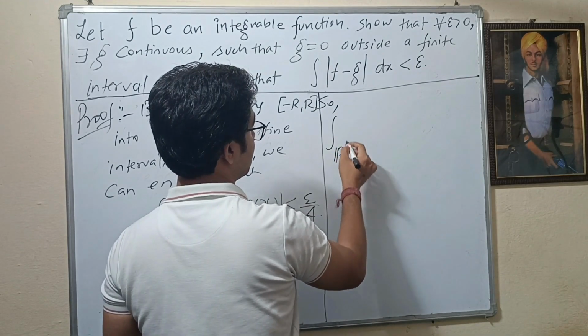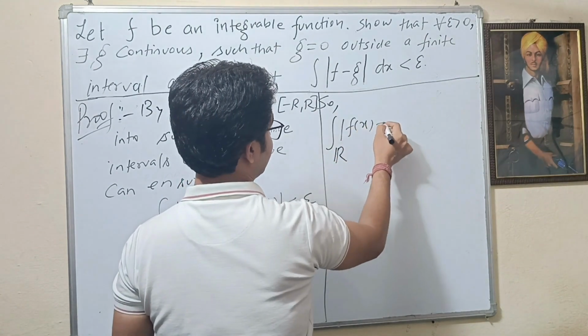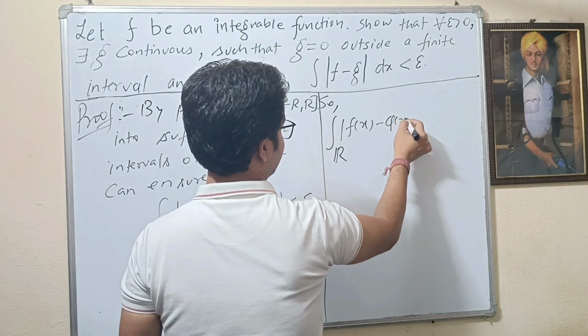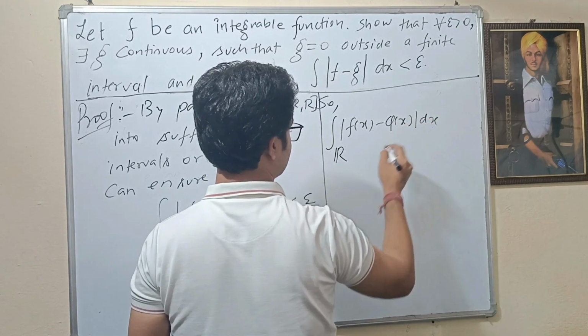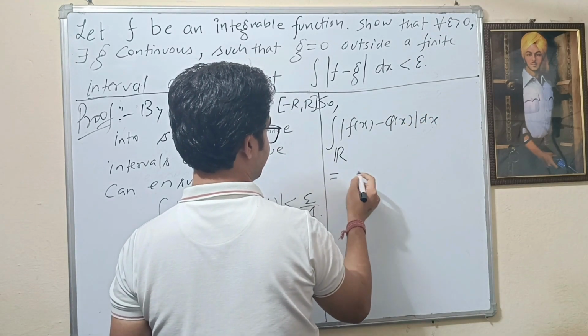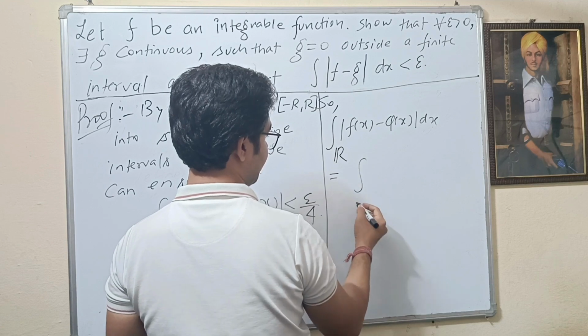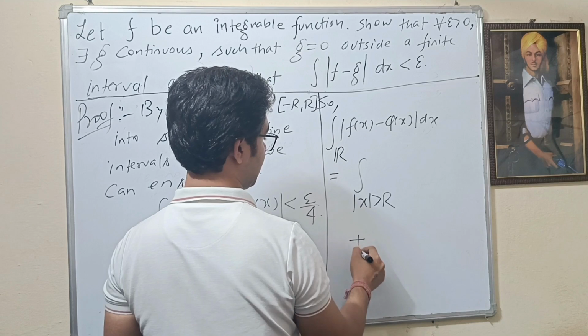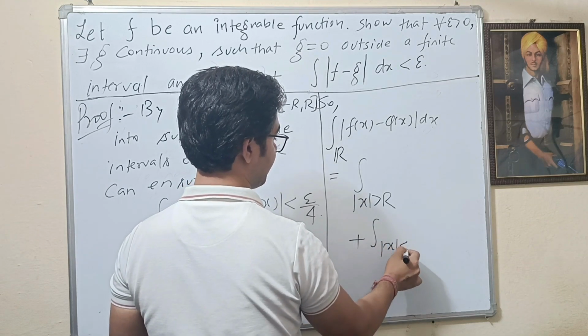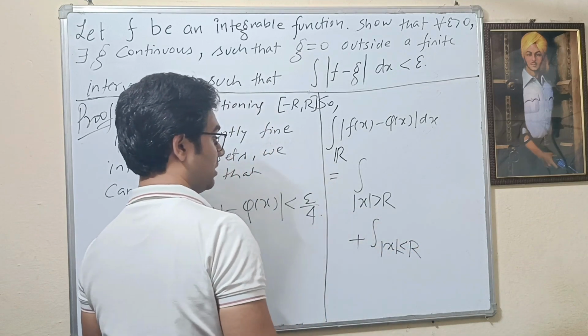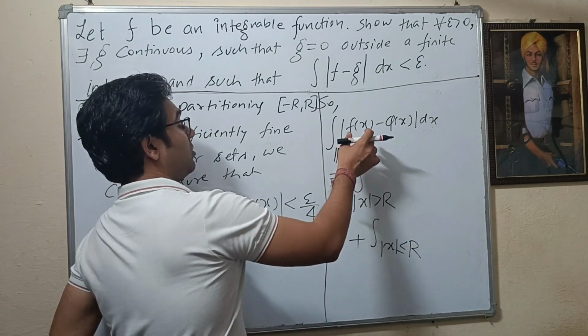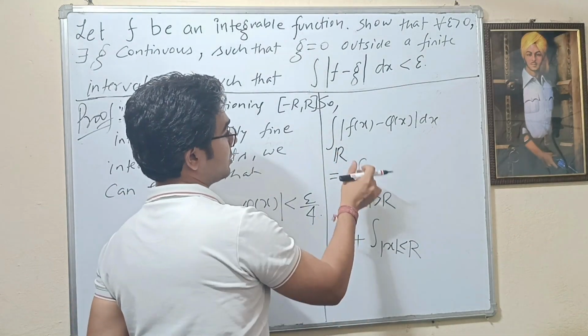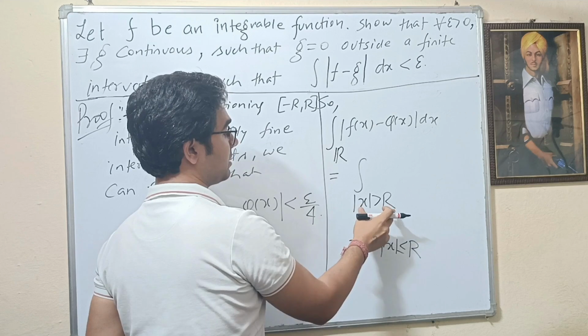So over whole R, the integral of mod of f(x) minus phi(x) dx will be what? Plus, how was f approximated in the region outside R?